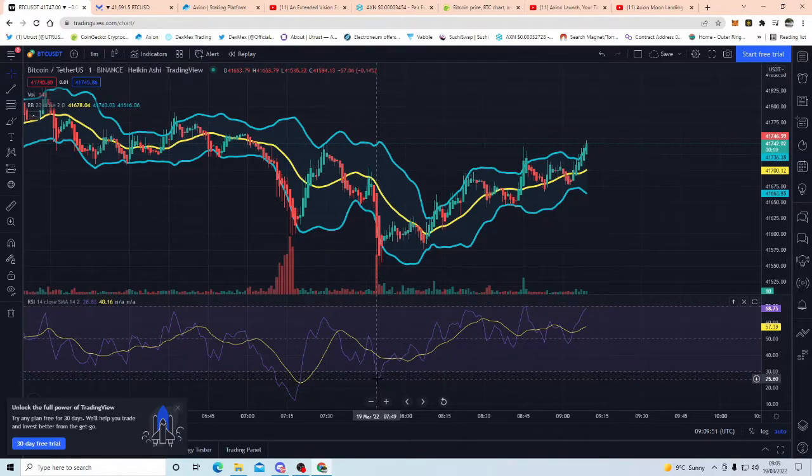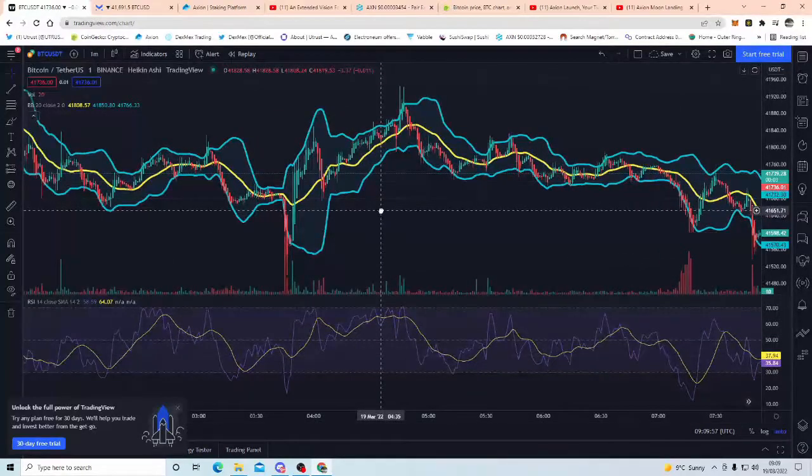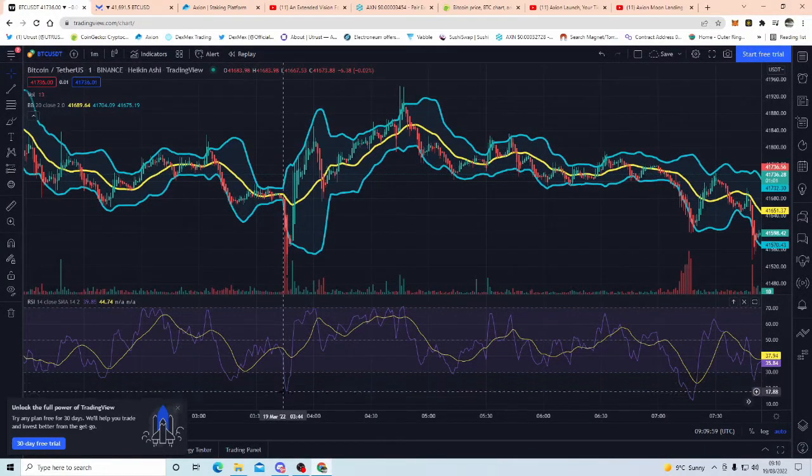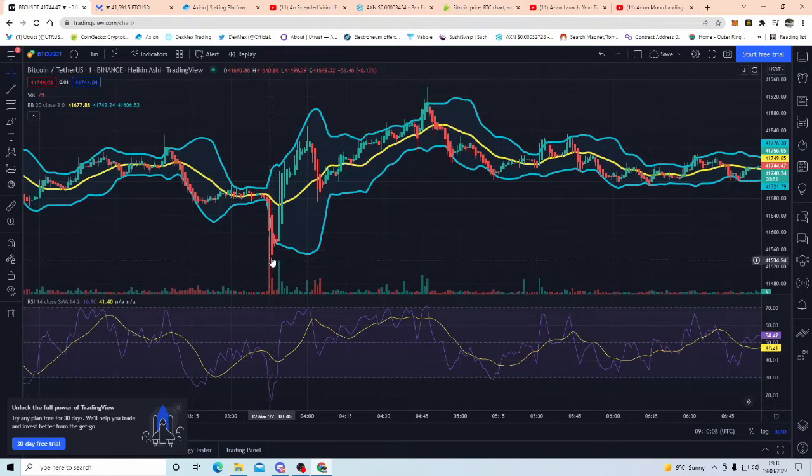That's how simple that is, and you can scroll through within reason. Like here, look at that, when it went way below the RSI. And then you can see it with the Bollinger Band, but the very thin line is a wick, meaning it didn't stay there very long. It bumped down and then back up.